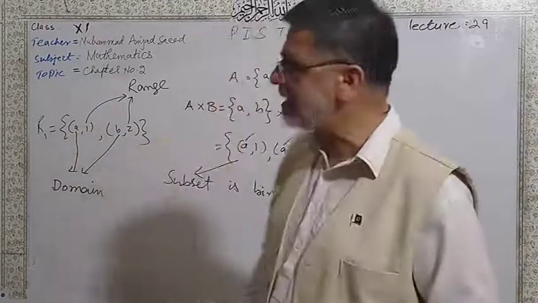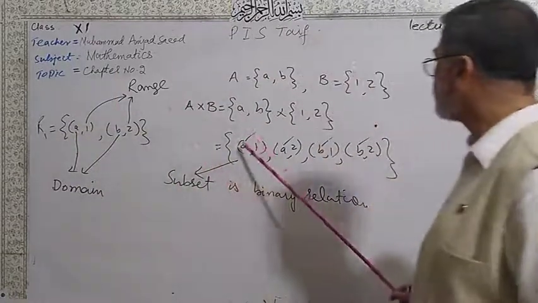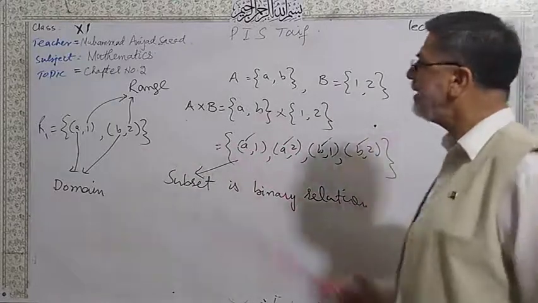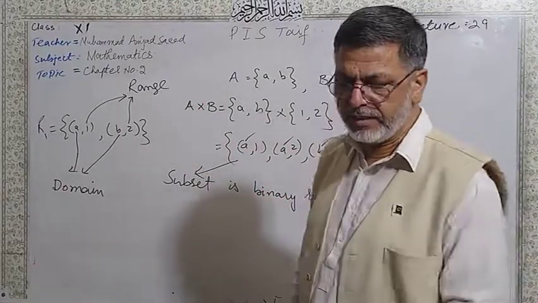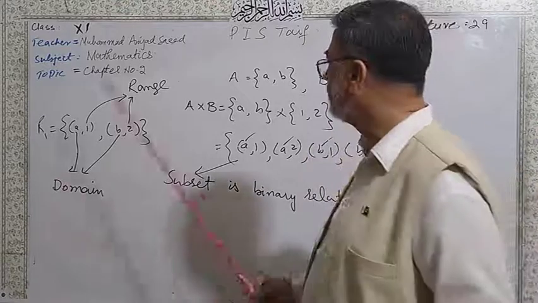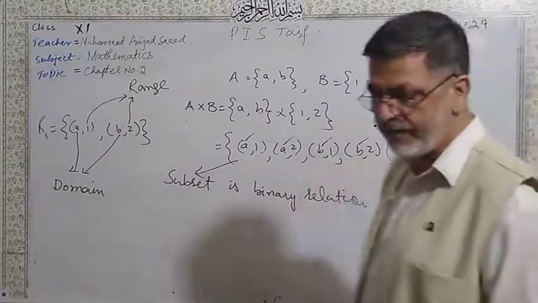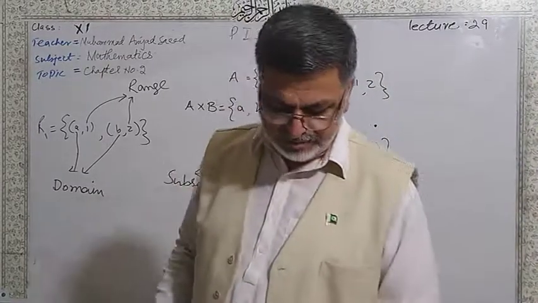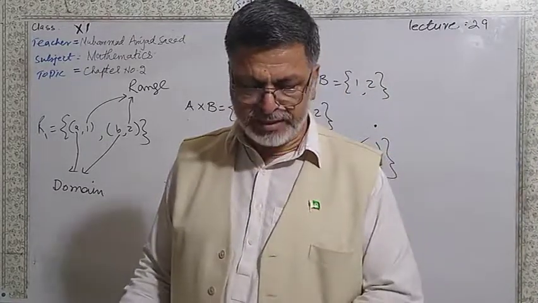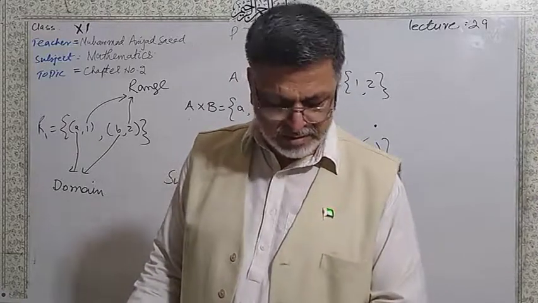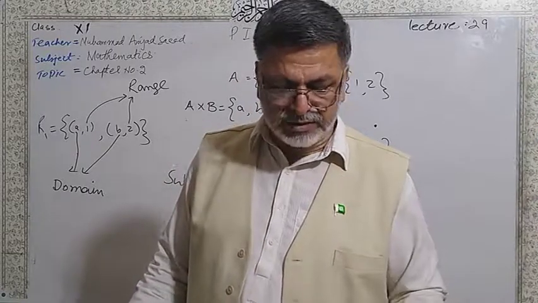So the domain set consists of values of X, the first members, and the range contains all the elements present at the second position. They are the values of Y, in fact. That is known as domain and range. And after that, we will talk about the function.